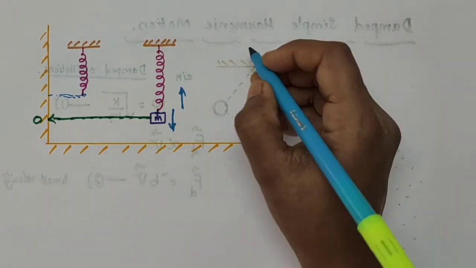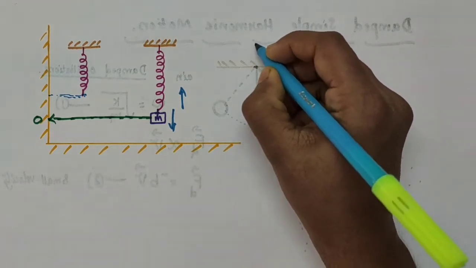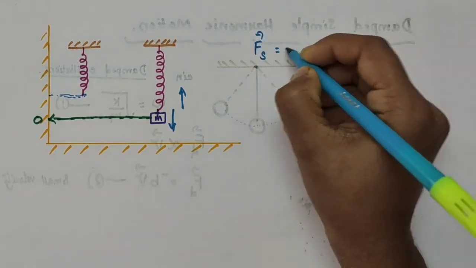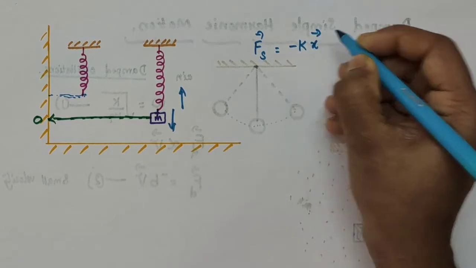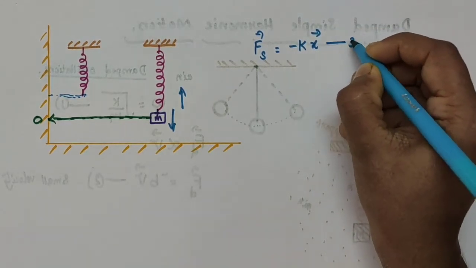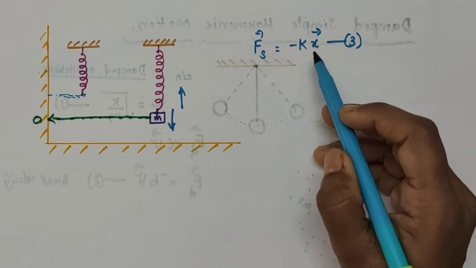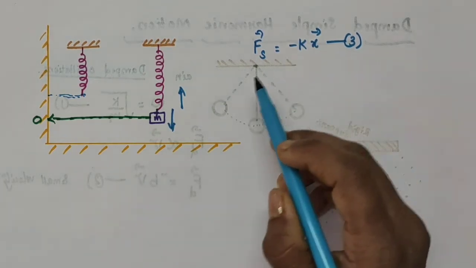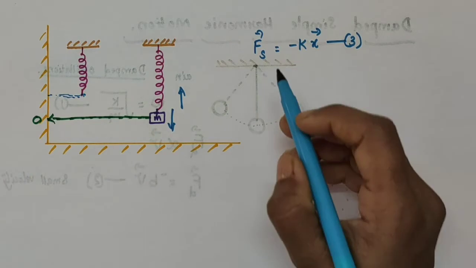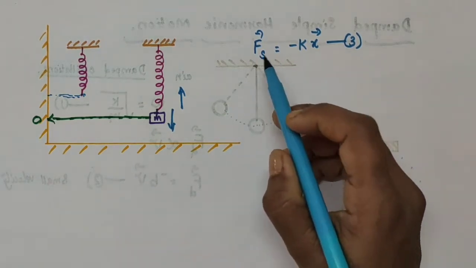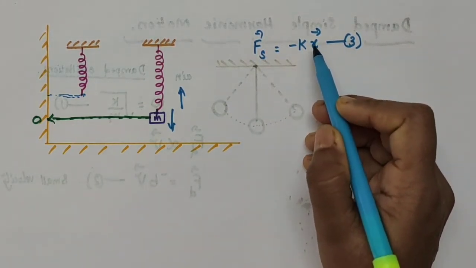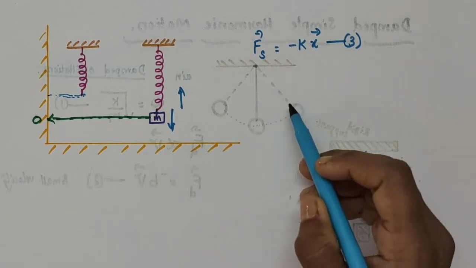Spring force or the restoring force due to the spring, vector Fs is equal to minus k into vector x. I am taking this as equation number 3. Here, vector x is the displacement of the block or the mass from its equilibrium position. This force is in a direction opposite to the displacement. That is why a negative sign is here.